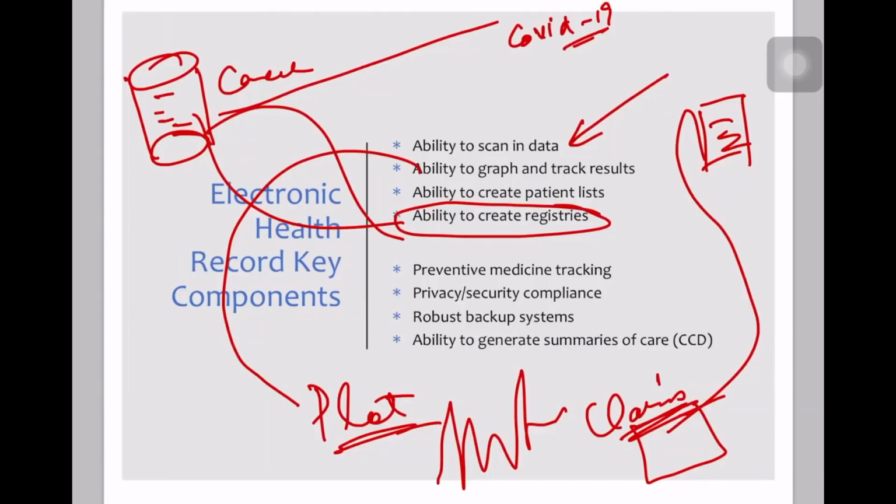Another point is preventive medicine tracking. For example, immunization tracking, and how the preventive medicines are working with people. Then privacy, security, compliance. As you see, we are keeping records of patient information, so how the information should be secured and who should be able to see it.